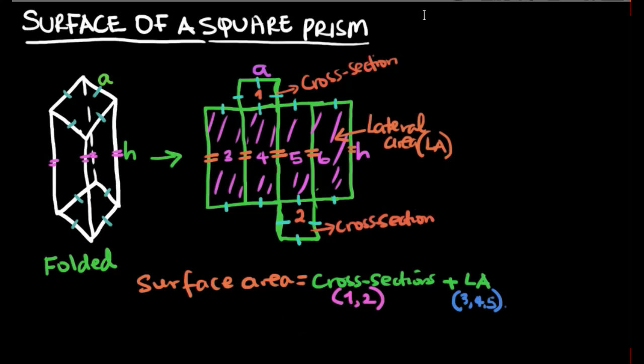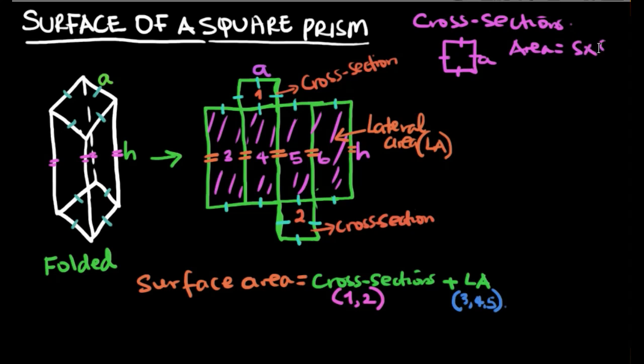For the cross sections, because it is a square, we know that all sides are equal and it is A. So this means that the area of a square is side times side.